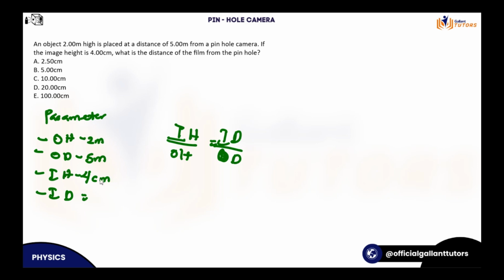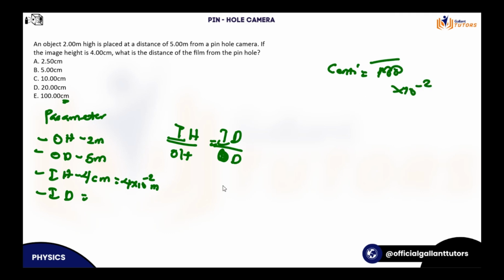You can just convert this to meter, and after getting the answer, convert it back to cm. Exactly. So this would be 4 times 10 raised to the power minus 2 meter. Remember that centi means you divide by 100, so instead of writing divided by 100, we write times 10 raised to the power minus 2.